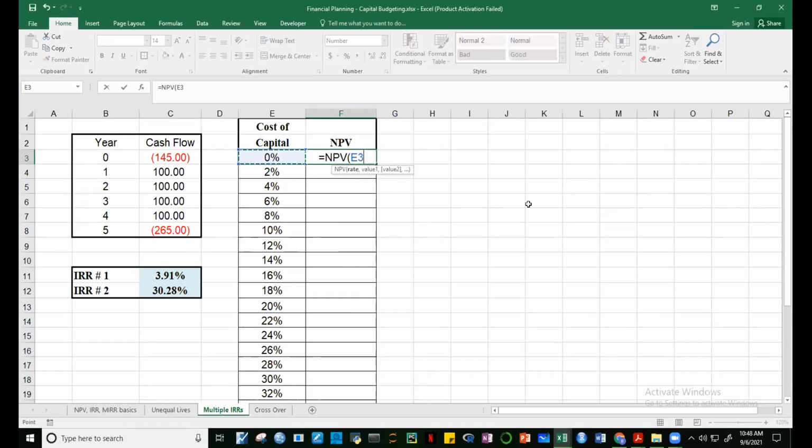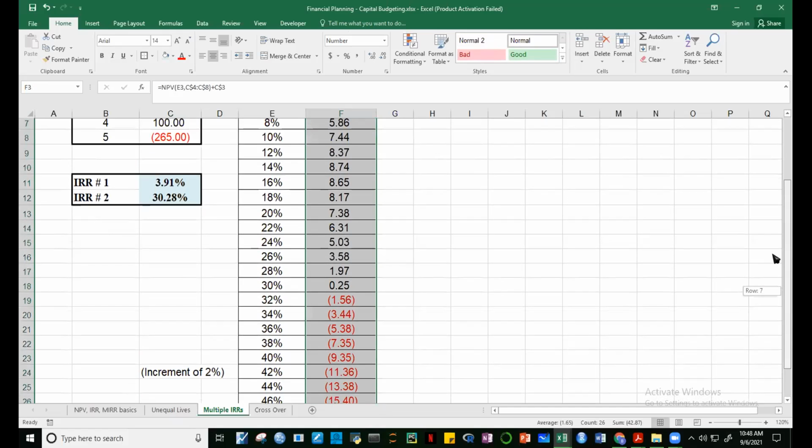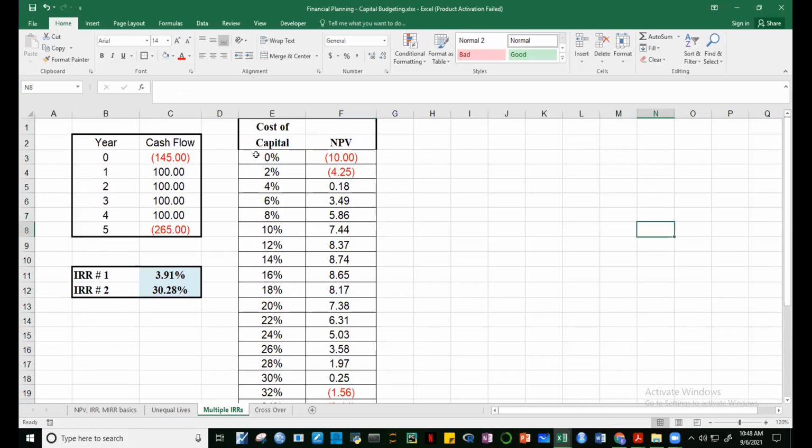Rate natin is this one, no? Comma, values natin is this one. Dapat naka-fix siya. And we're going to copy this going down. So just fix the row. Okay. And then plus the initial cash flow. Fix the row then. Okay. So NPV function lang yan, guys, no? Then copy down. Okay. So let me just quickly illustrate this.